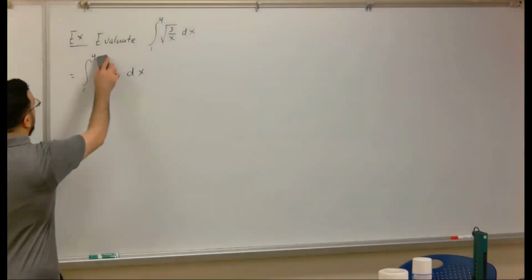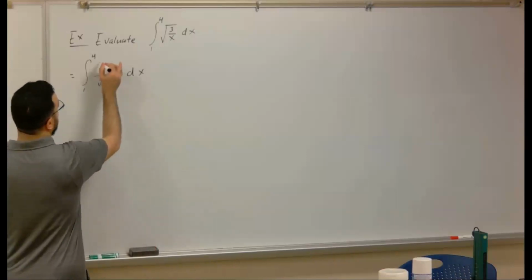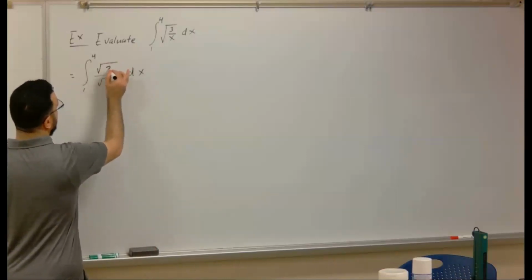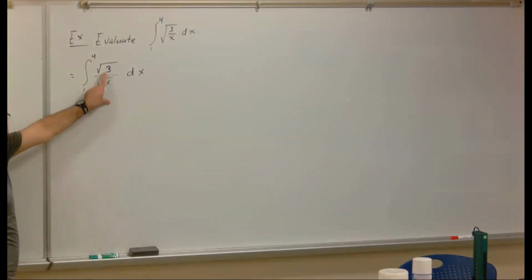So this is the first step. Now, the important step is how we're going to find the integral. Square root of 3 is a constant, a number. So can I take it out of the integral?